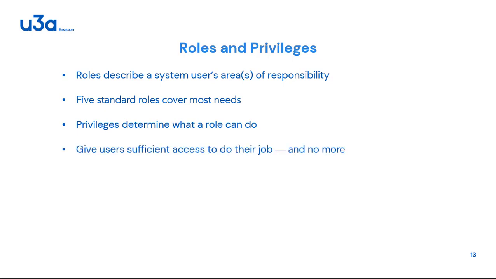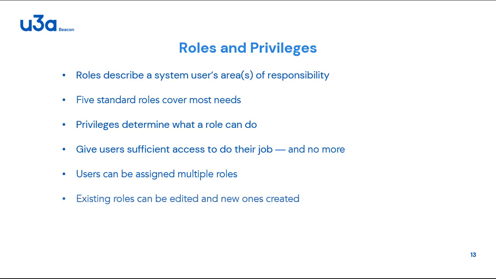The basic principle that should be applied when assigning roles is to give the system user sufficient access to do their job, but no more. You can assign multiple roles to a system user to give them greater access to Beacon. And you can edit roles and create new ones to suit the needs of your own U3A.